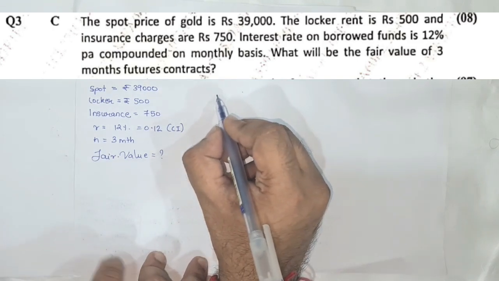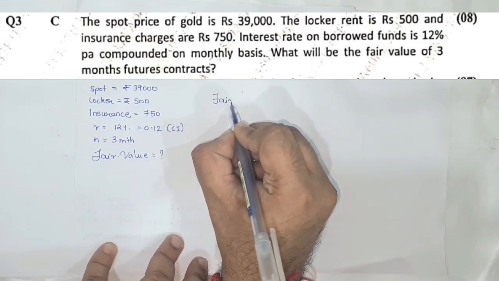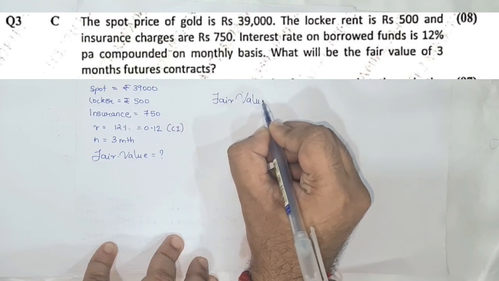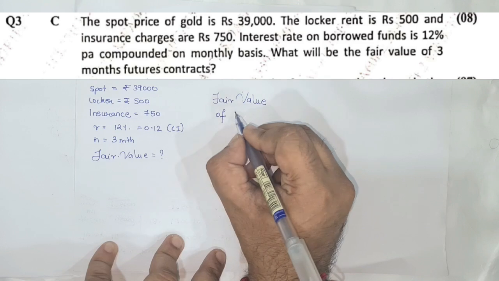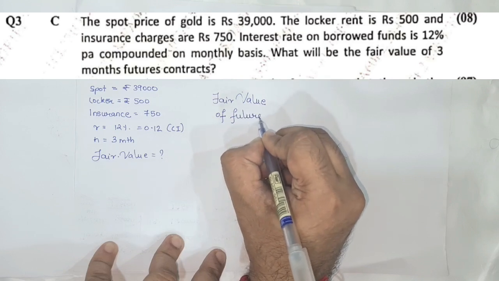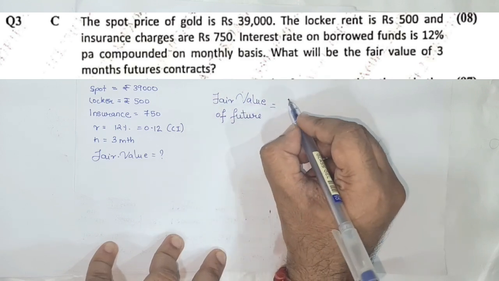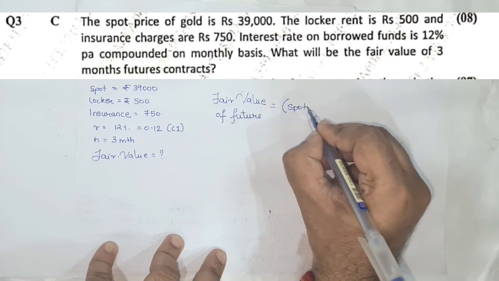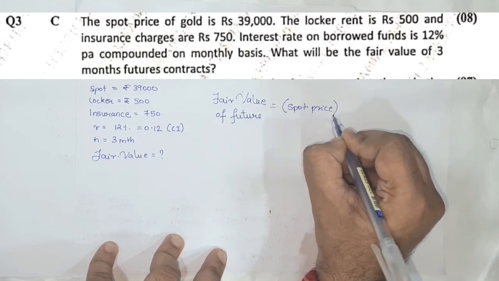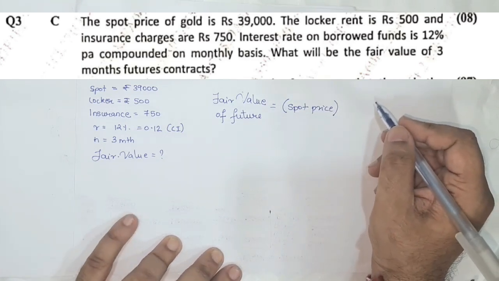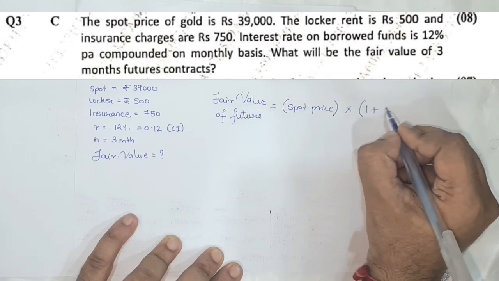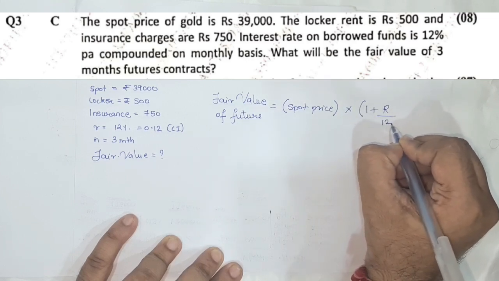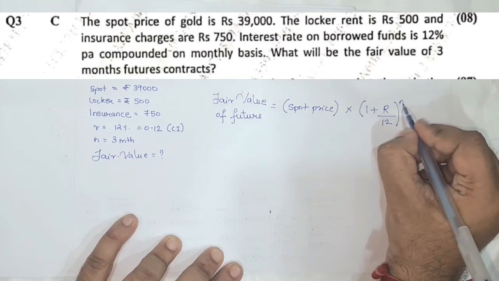So now let us see how to find the fair value. First we'll note down the formula. Fair value of future is equal to spot price, and since this is based on compound interest, into 1 plus the rate upon 12 raised to the power of n.